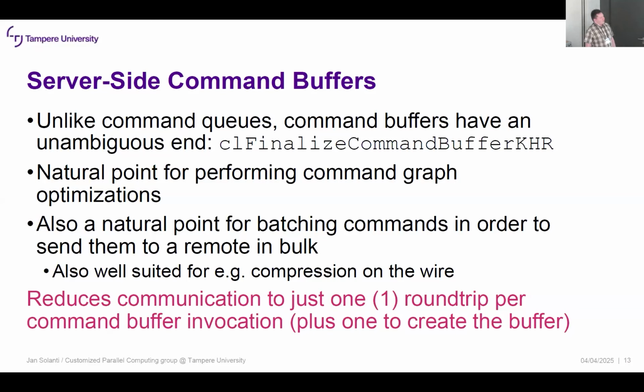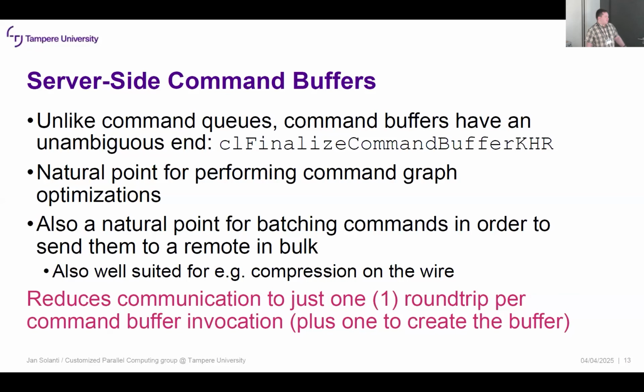And it's also a very natural point in the application for batching all the commands together and sending them to the server as one big packet, which is also much easier to compress than many individual messages, because you can build a shared dictionary for compression that compresses the general command structure really well, instead of having a new dictionary for each message.